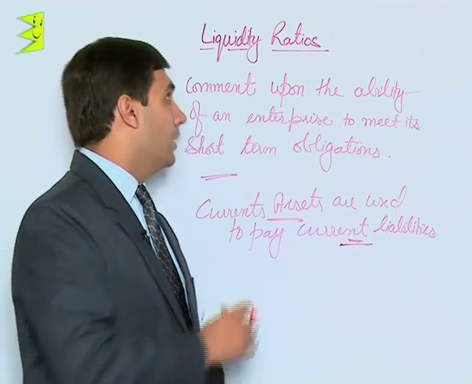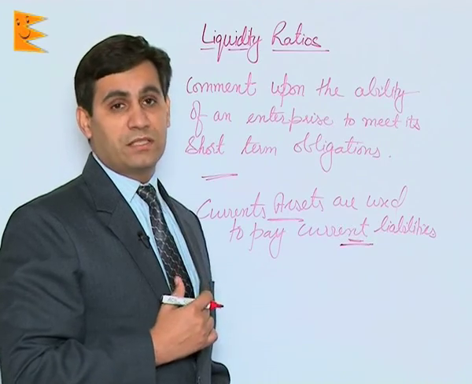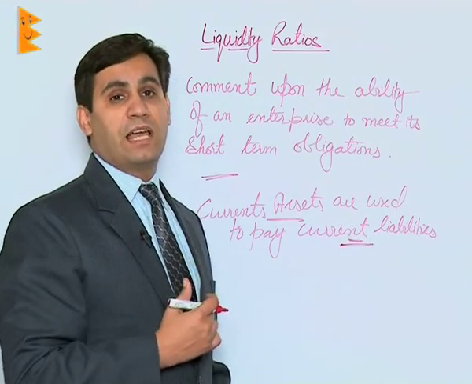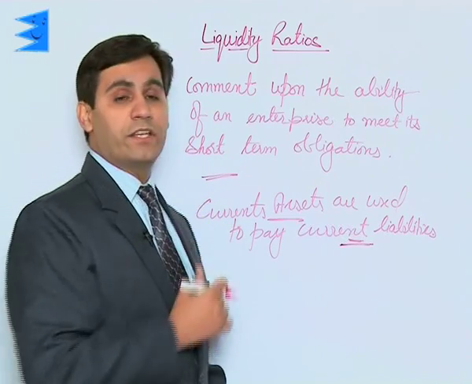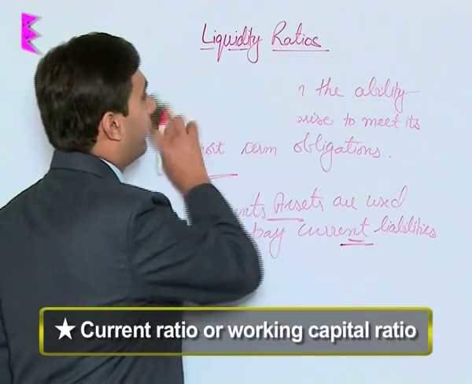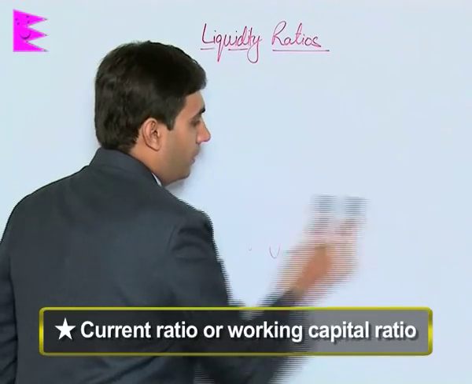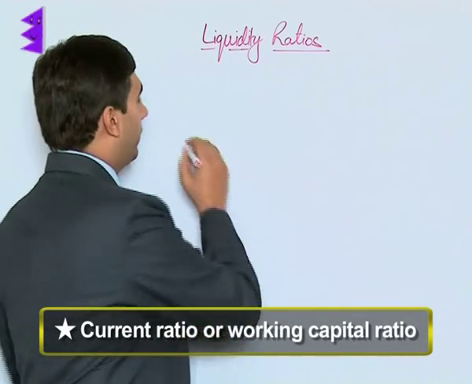So now students, liquidity ratios tell us about the ability of the business to pay off its current liabilities out of its current assets. The first ratio that comes under liquidity ratios is current ratio. So now students, we are going to start with current ratio.